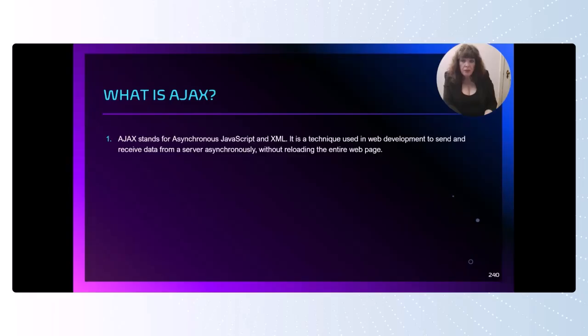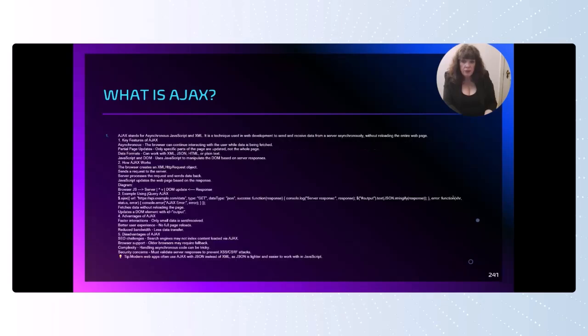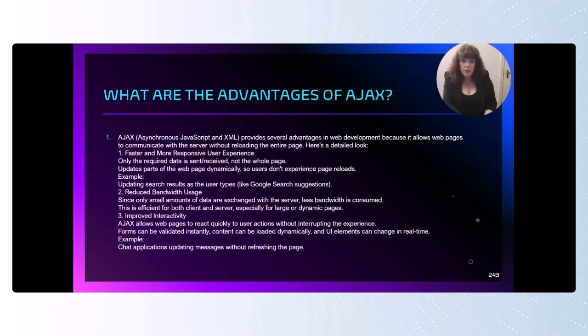Ajax stands for Asynchronous JavaScript and XML. It is a technique used in web development to send and receive data from a server asynchronously without reloading the entire web page. What are the advantages of Ajax? It provides several advantages because it allows web pages to communicate with the server without reloading the entire page.